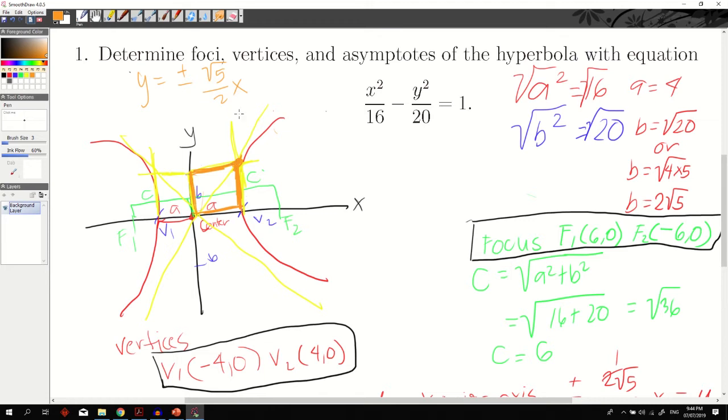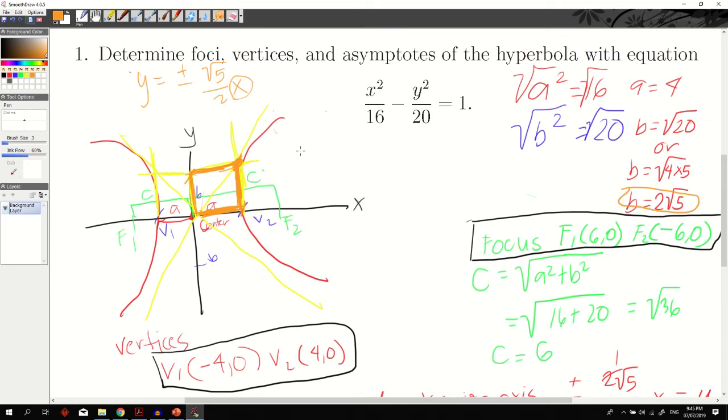If I have the value of x, I will substitute the value of x here. Then I will get this one. So what's the value of this? It will be 2 square root of 5.